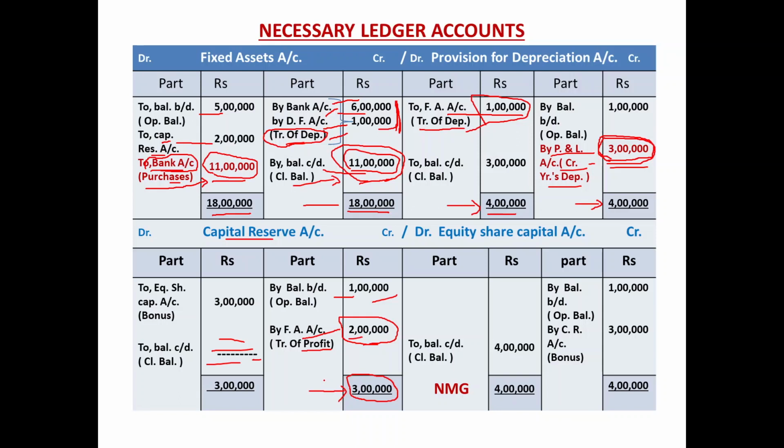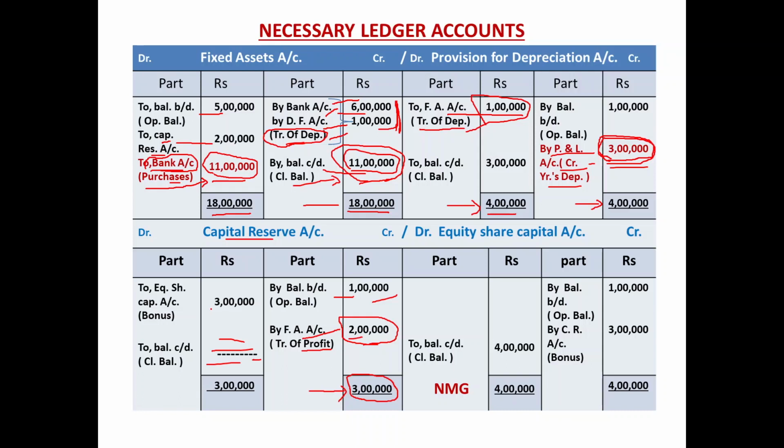Journal entries. Number 1, capital reserve account debited, bonus to equity shareholders account credited. Second, bonus to equity shareholders account debited, equity share capital account credited. So ultimately 2 becomes 1.